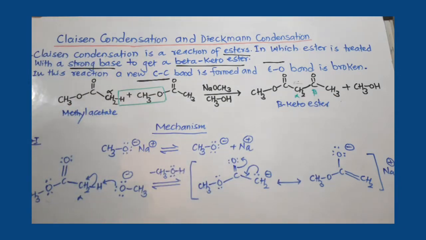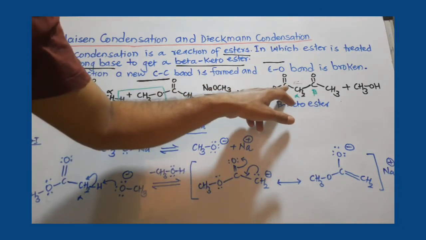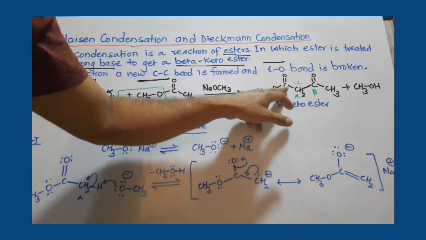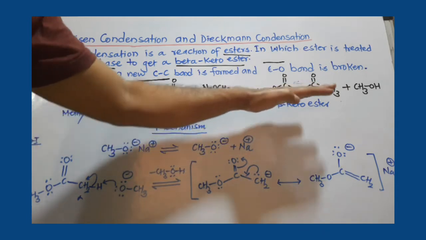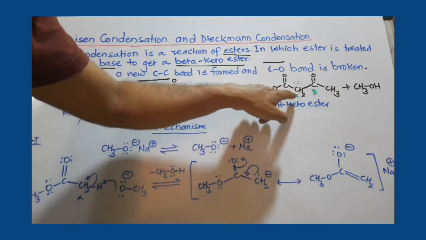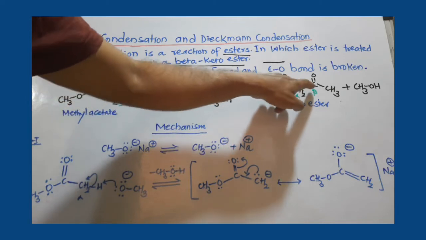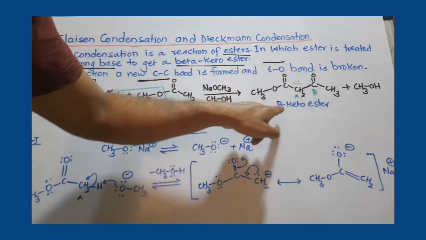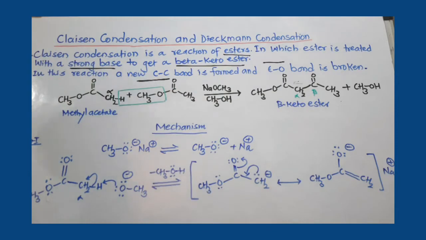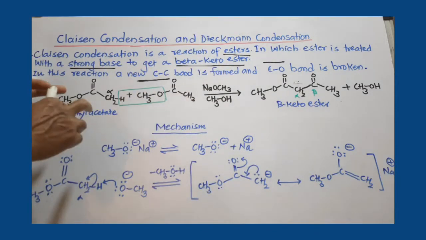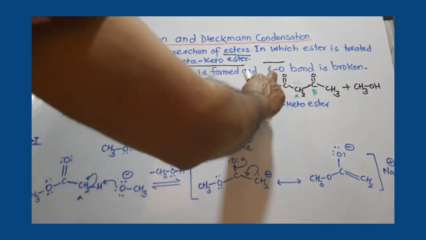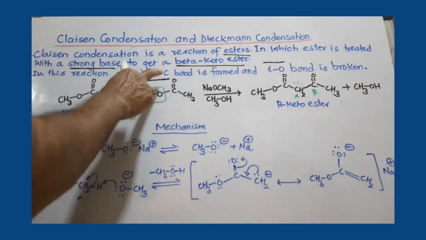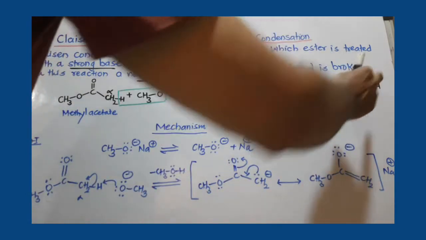If you consider this the ester functional group, then next to it is the alpha carbon and then the beta carbon having the carbonyl group. Because of this it is called a beta-keto ester. This is the product, and you break one C-O bond and form one C-C bond. So we get methanol as a side product.